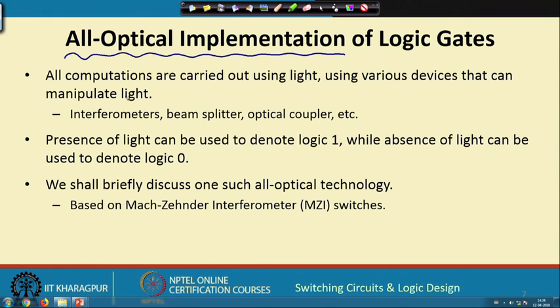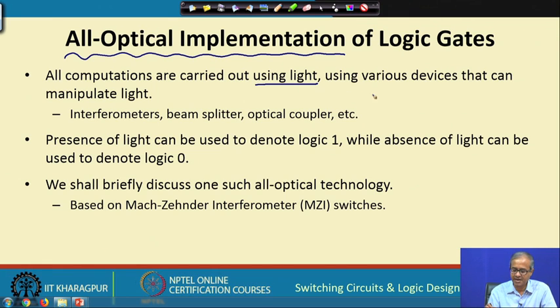So, let us see. Here we are saying that all computations are being carried out using light, and for that we require various kinds of optical or photonic devices. I am not going into the detail, just the very basic idea.